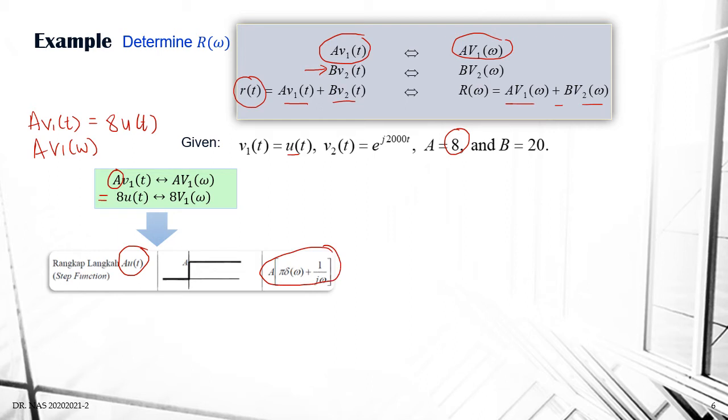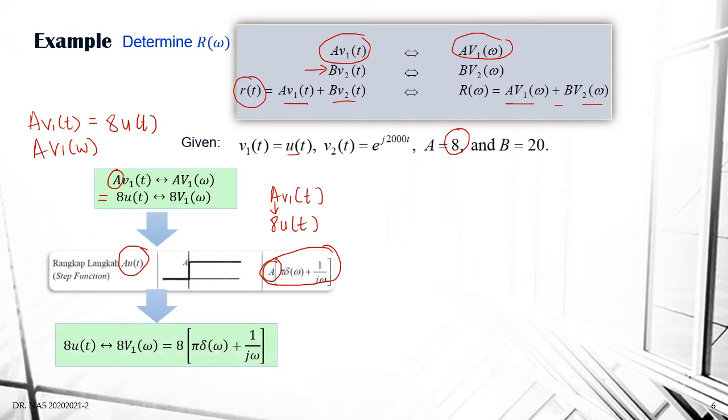In this case, your equation is 8u(t), which is A V1(t), so your A equals 8. So the first signal, A V1(ω), is equal to this equation.